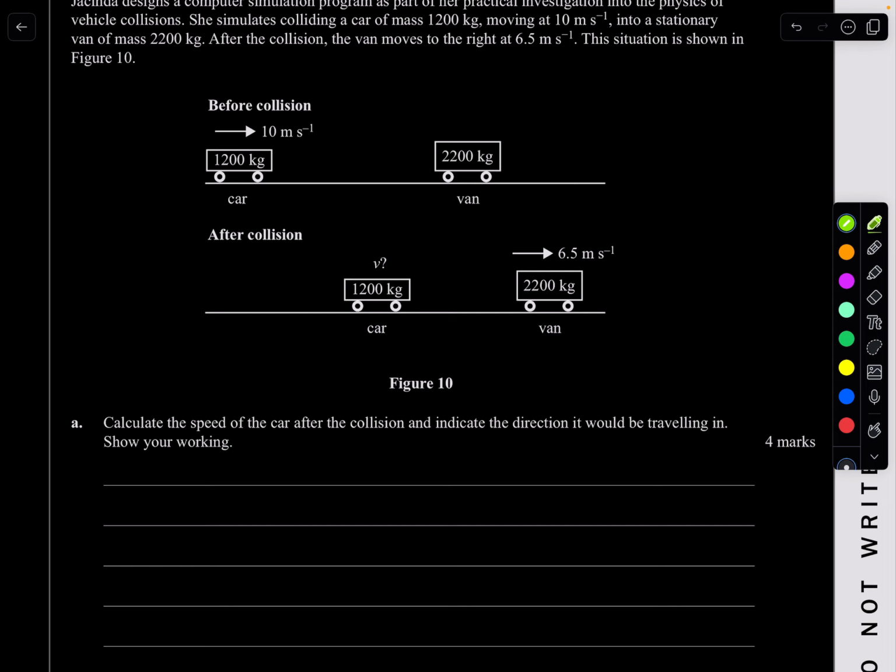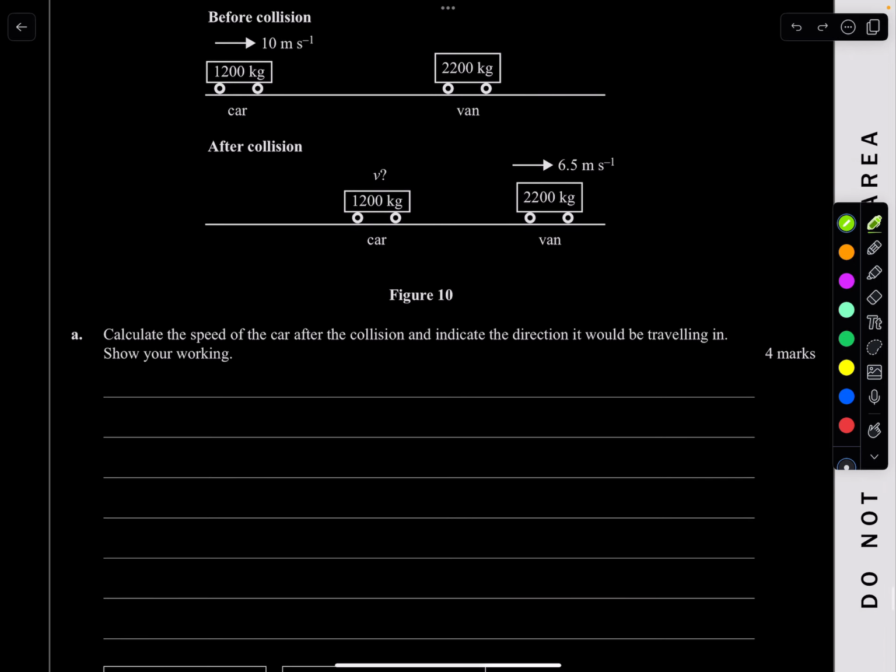Show your working out. So we want to calculate the velocity of this car after the collision. We're going to use conservation of momentum. We equate the total momentum of the two vehicles before to the total momentum after.